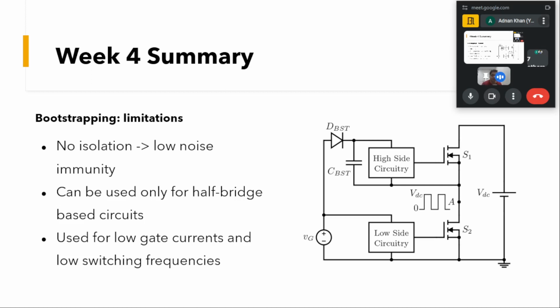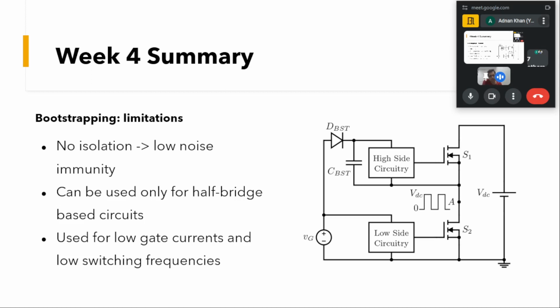The other thing we have to keep in mind is that the charge to turn on this device is provided by this bootstrap capacitor. So the other limitation is that it is only used for circuitry which requires low gate currents.